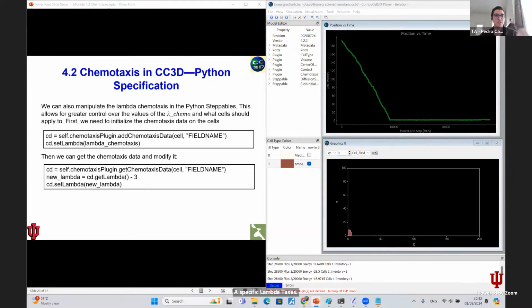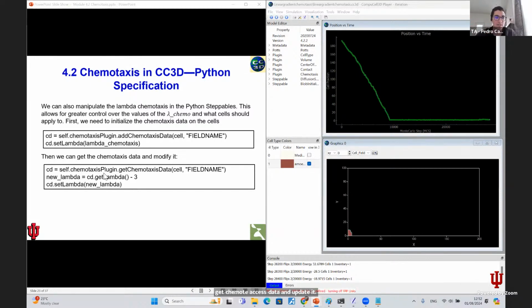If you get the object add chemotaxis data for a specific cell and a specific field, you can set a specific lambda chemotaxis. So you can have many cells of a single type with different lambda chemotaxis. What we are going to need for this next exercise is not the first one, not adding chemotaxis data. We already have chemotaxis data. We want to get chemotaxis data and update it.